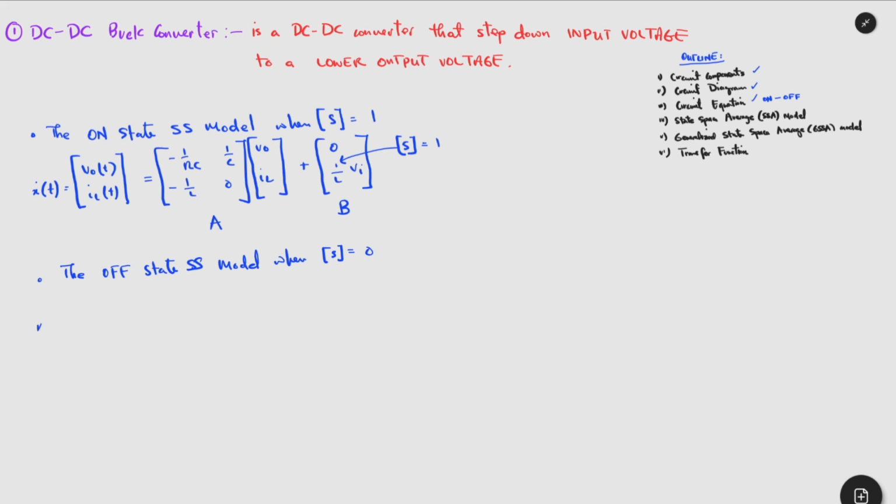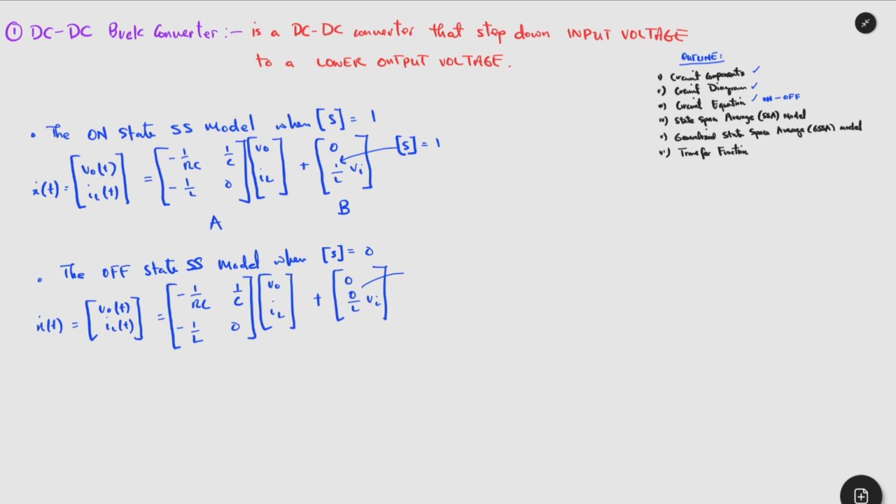When S is equivalent to 0, we have x t equal to v naught t, il t, now equivalent to minus 1 on RC, 1 on C, minus 1 on L, and 0, times v naught and il, and now we have 0 and 0 on L vi. We can see that S is equal to 0 because of the state space averaging model.